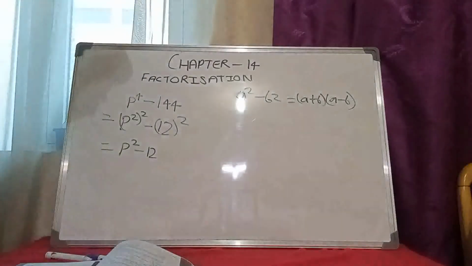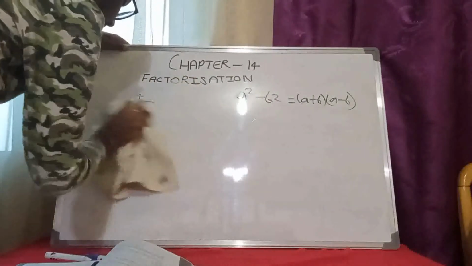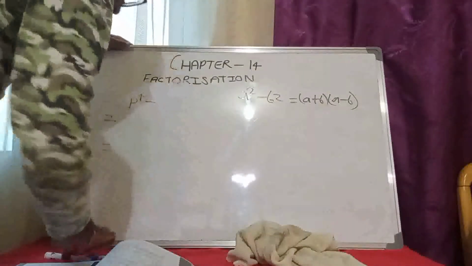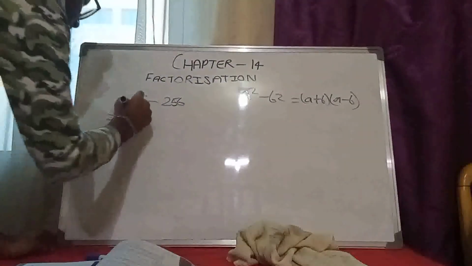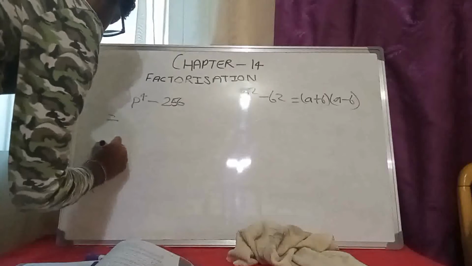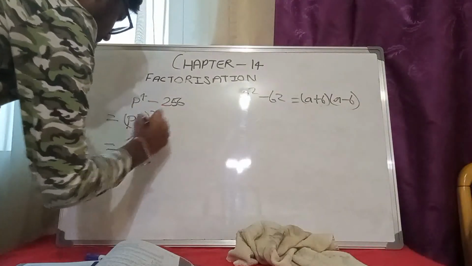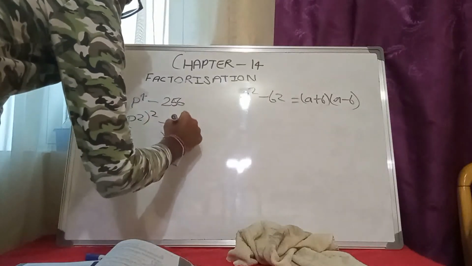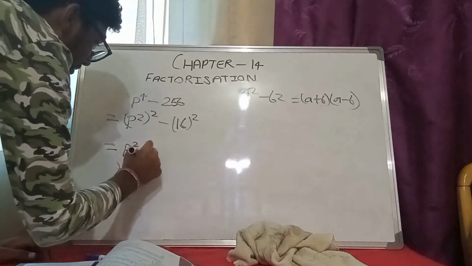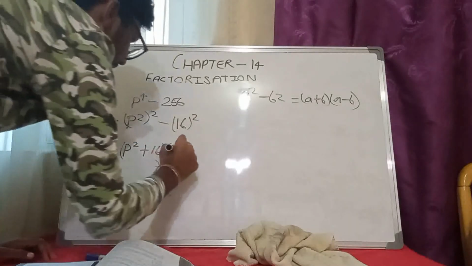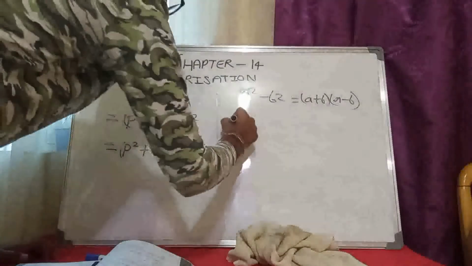Wait, we can make this more complicated. For example, now we will take it as 256. If we take it as 256, we'll get more interesting things. So we'll take it as (p square) the whole square minus 16 square. So here we'll get p square plus 16 into p square minus 16.